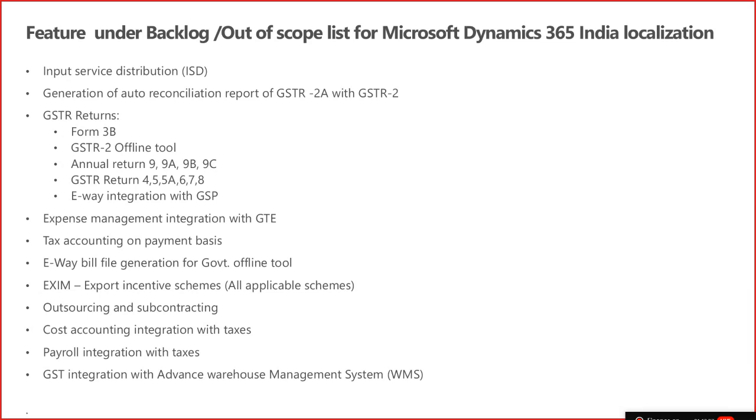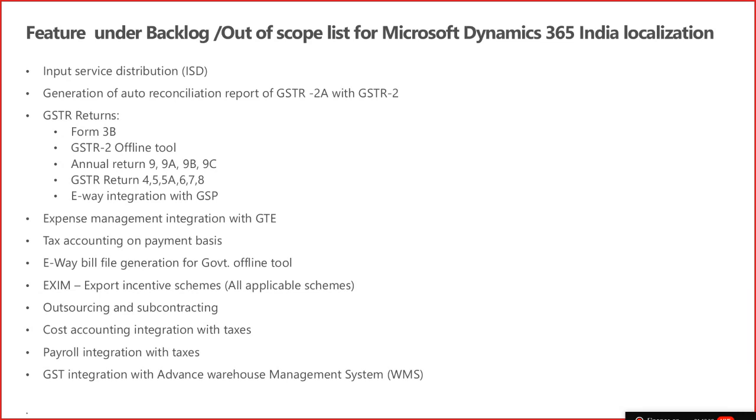Similarly, GSTR2 offline tool, GSTR2 is currently on hold. Government is not asking to file GSTR2 return. Government has also published the offline tool, but government has put this particular feature on hold, so we are not delivering the GSTR2 as well.